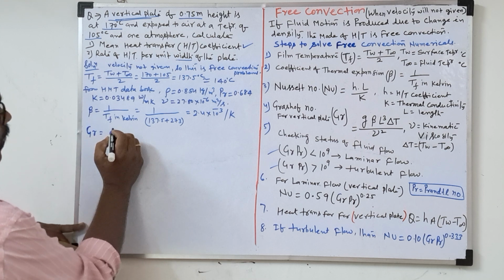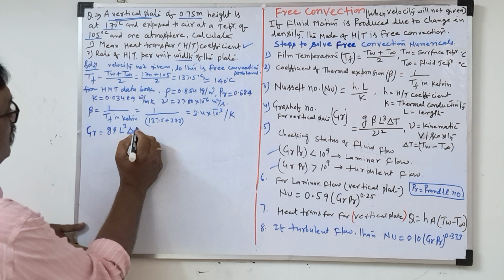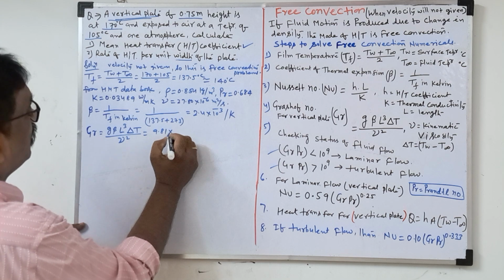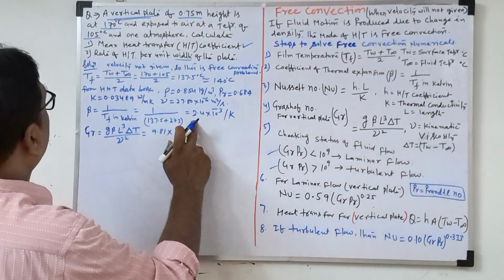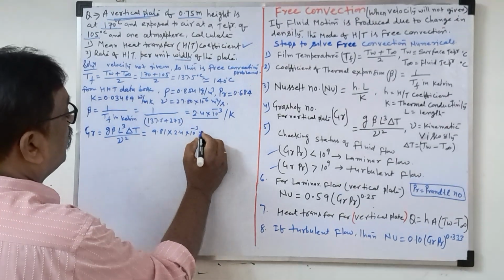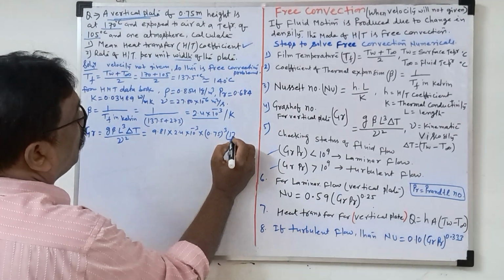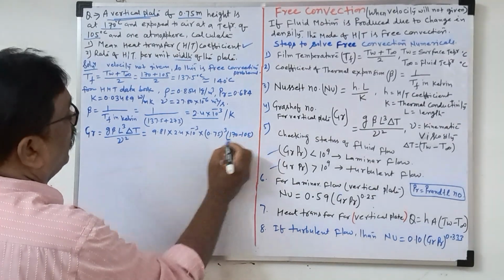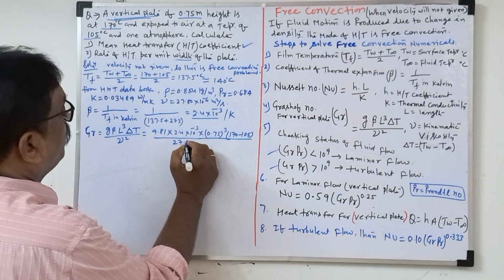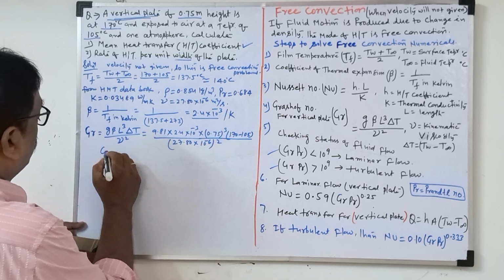So Gr is equal to, while writing the formula, g beta L cube delta T by kinematic viscosity whole square. g is 9.81. The beta value we got here is 2.4 into 10 power minus 3, the length 0.75 cubed, and then the temperature difference 170 minus 105, divided by the kinematic viscosity 27.80 into 10 power minus 6, the whole square. So you will get the Grashof number here.